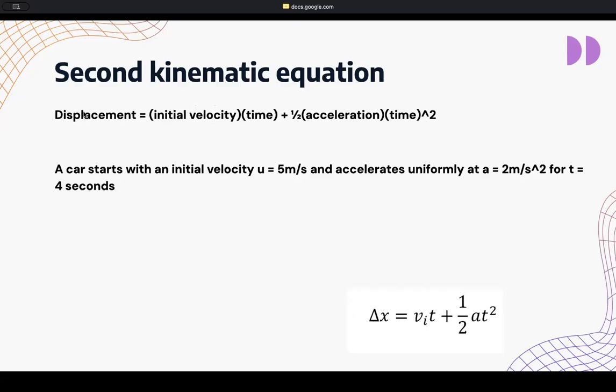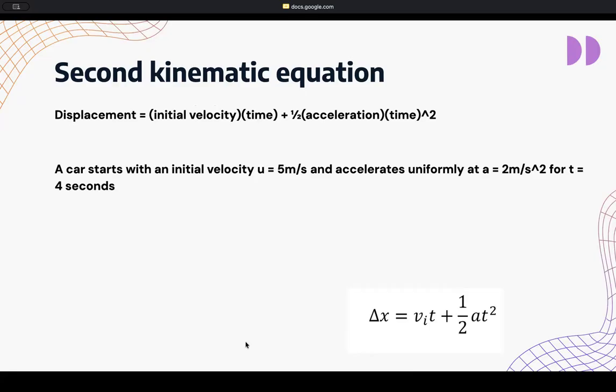The second kinematic equation is for displacement. Initial velocity times time is how far you go, plus one half acceleration times time squared. I don't know how to explain this one actually, but this equation gives you displacement, and it works.